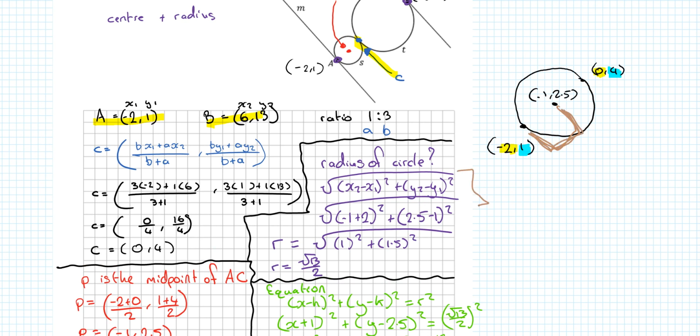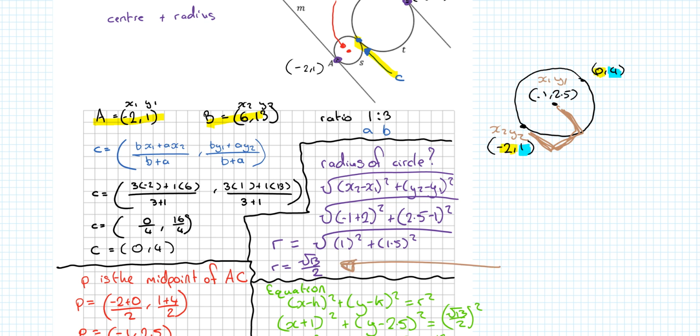That's actually what I've done here. I've found the radius straight away without finding the diameter by using the distance formula. You really should be able to do that. x1, y1, x2, y2. Fill it into the distance formula and multiply it out, and you're getting your radius there.